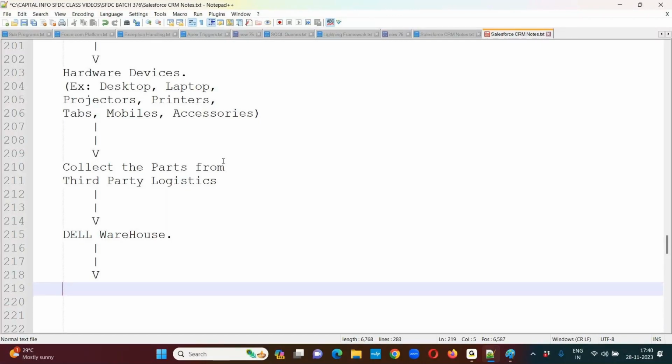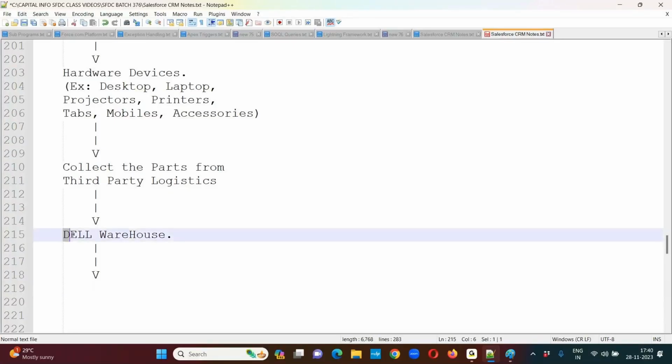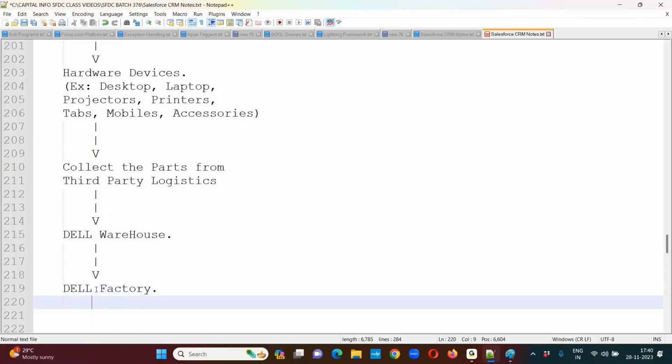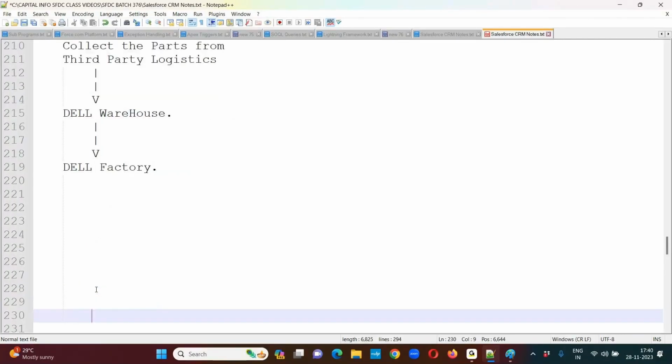Whatever parts they have collected from the various vendors, available inside the Dell major warehouse, they distribute to various Dell factories in different countries in the world. These parts are shipped to that Dell factory.